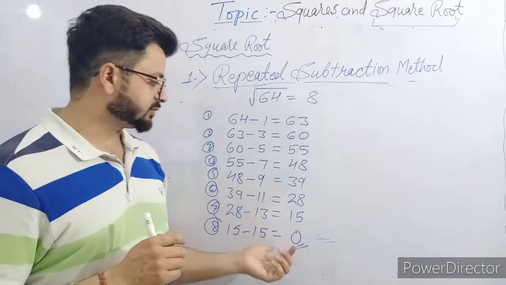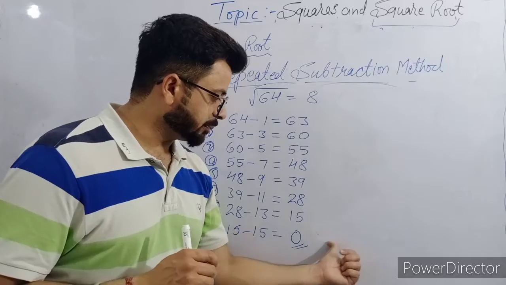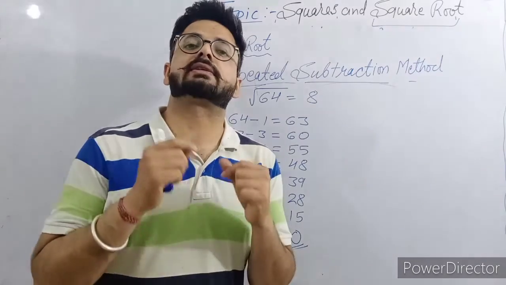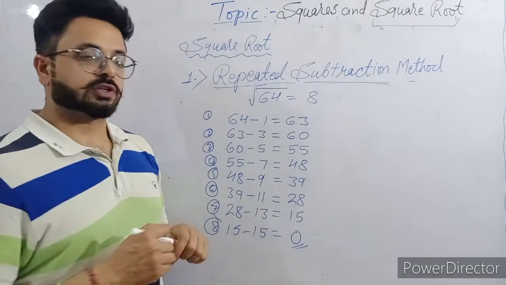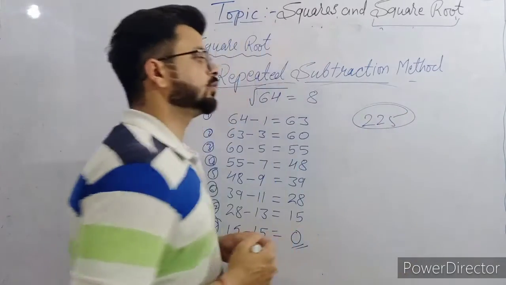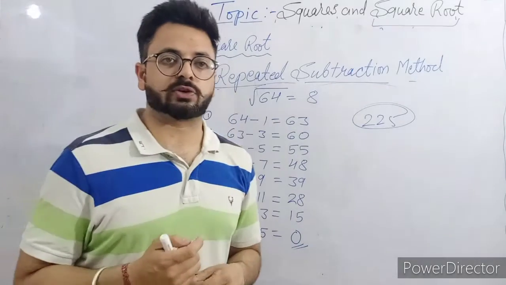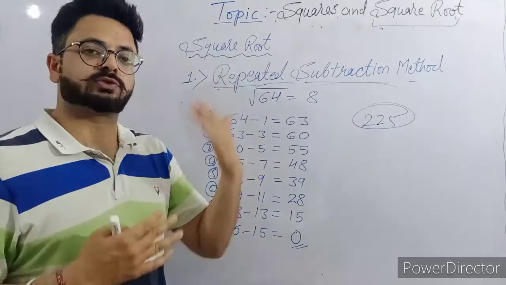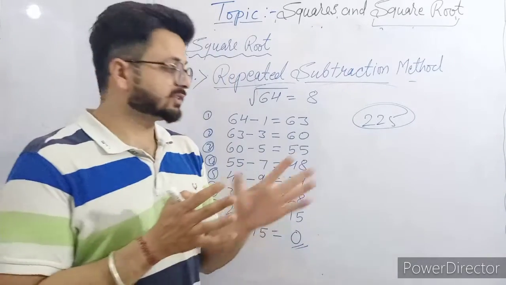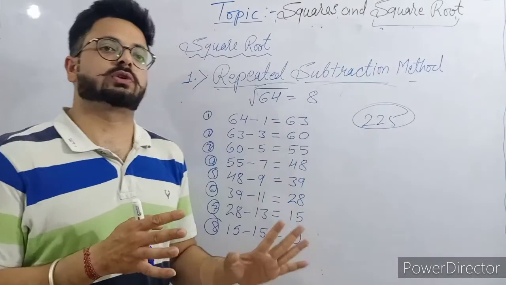Otherwise I don't think this is a very easy method, because it's easy but it is time-taking. For 225, if you calculate, then you will do 15 subtractions. For higher numbers the number of subtractions will increase. So in that way this method is not very useful.